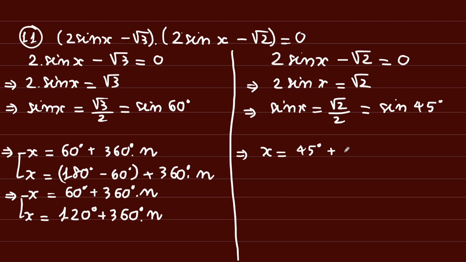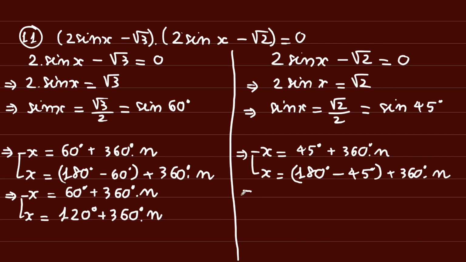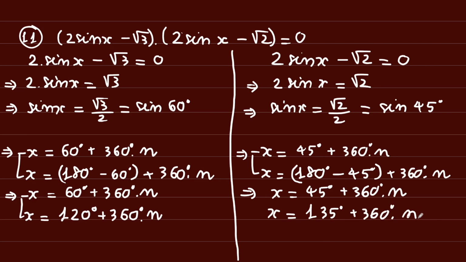The first one will be this, and the second one takes the supplementary relationship, 180 degrees minus 45 degrees, plus 360 degrees multiply n. To make these two expressions simpler, the first one I will keep unchanged, but the second one is 135 degrees plus 360 degrees multiply n.